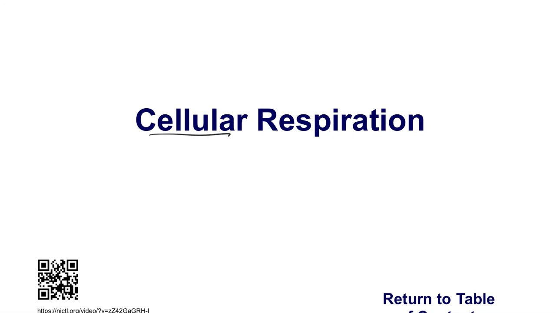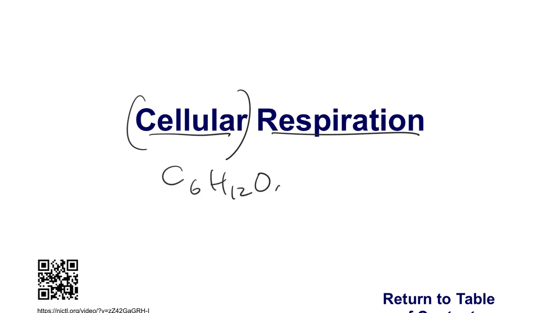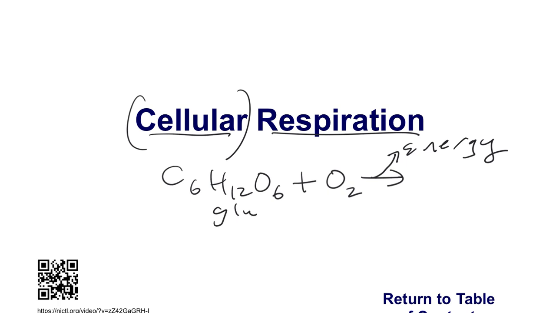So cellular respiration, I leave the word cellular off, but respiration is taking glucose in the presence of oxygen and extracting the energy from the bonds in the glucose and turning the glucose into carbon dioxide and water.